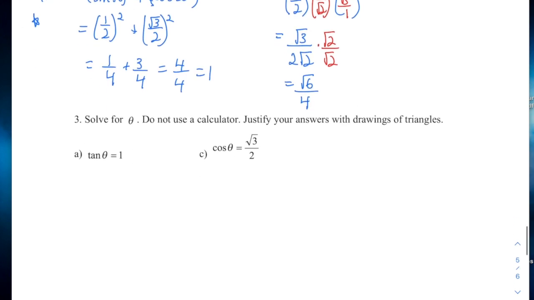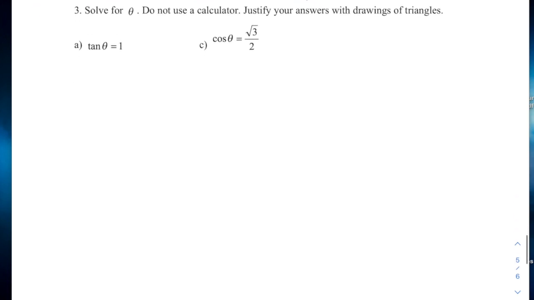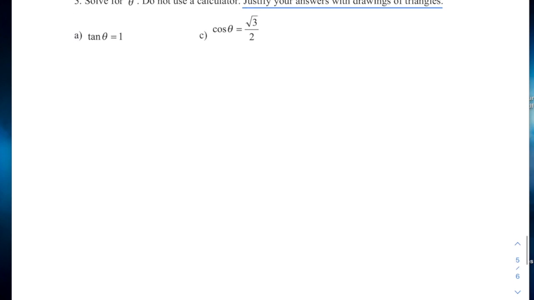All right, so solve for theta. Do not use a calculator. And I want you to justify your answer using drawings of triangles. We probably know this, but that's not enough work. So what I want you to do is draw out the triangle that you are referring to.